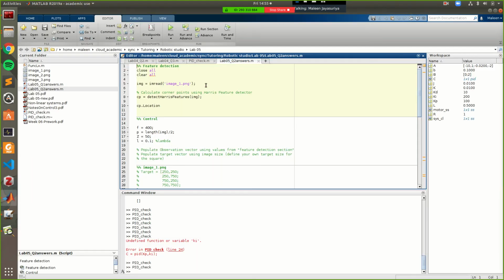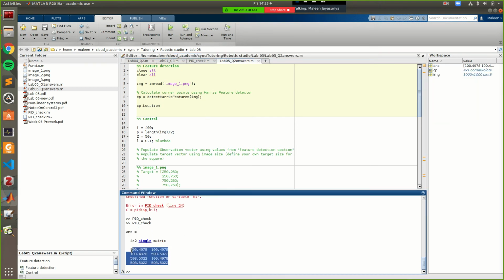So we load the image, and the best thing we can use is the Harris corner detector, and we look at the location of those features. If I just run this section, you can see that these are the four corners of the image that we are getting.